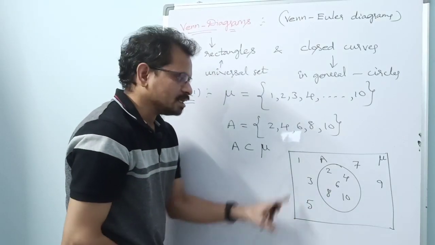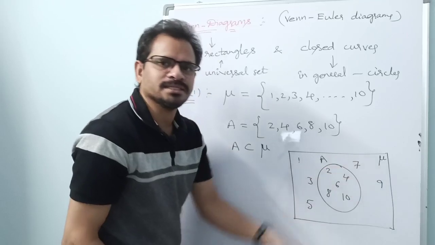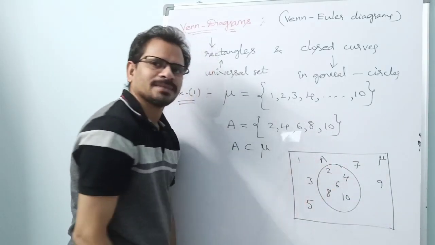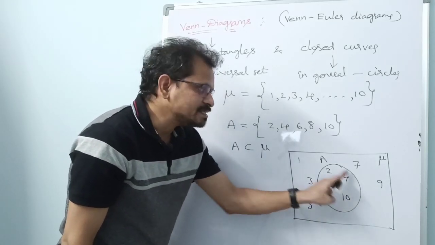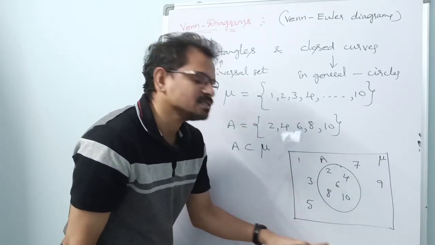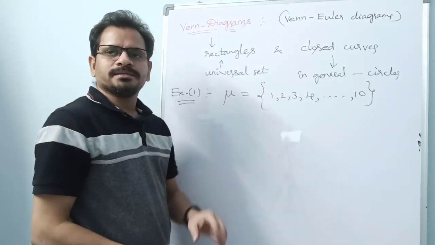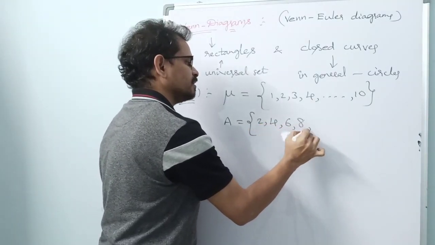What does it mean here? 1, 3, 5, 7, 9 belong to the universal set, but they do not belong to set A. Then what about the elements within this circle? These elements belong to set A, and also they belong to the universal set. That is the meaning of this Venn diagram. Got it? Let us consider one more example here. 2, 4, 6, 8, 10.